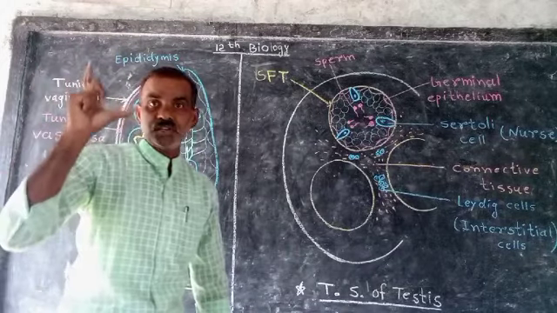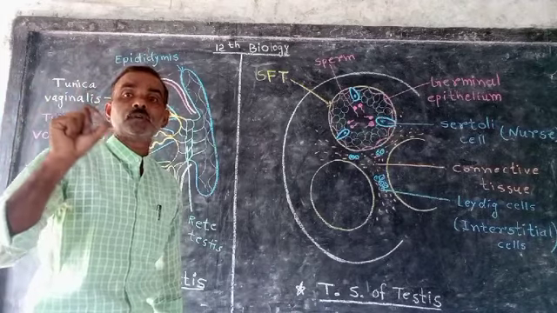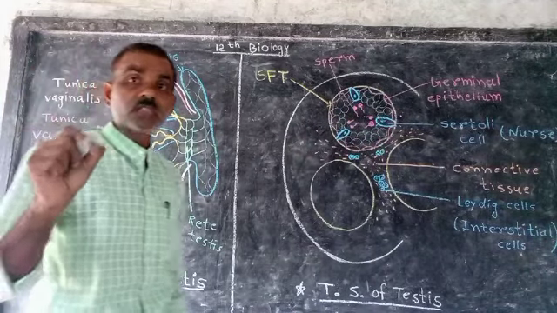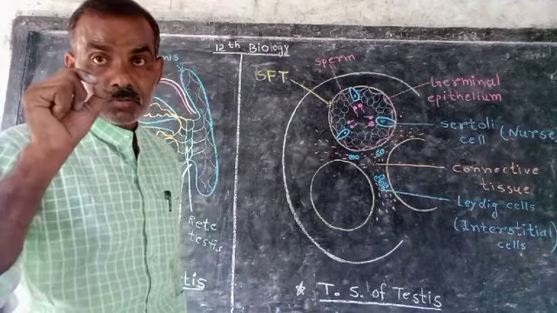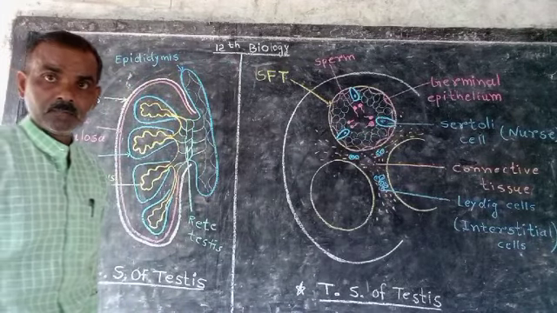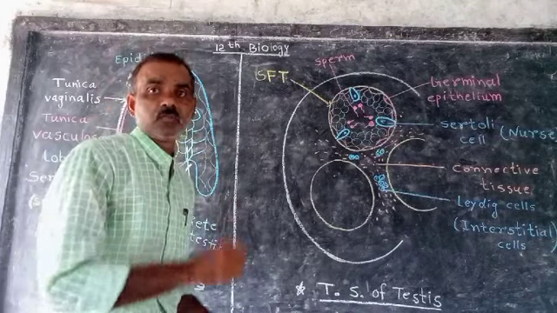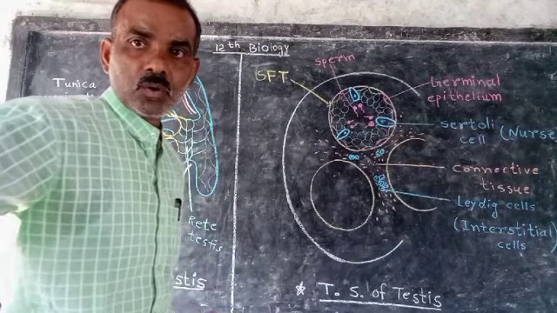Genesis means formation. Sperm formation. What is spermatogenesis? The process of production of sperm from germinal epithelium is called spermatogenesis. Formation of sperm. Okay, boys.